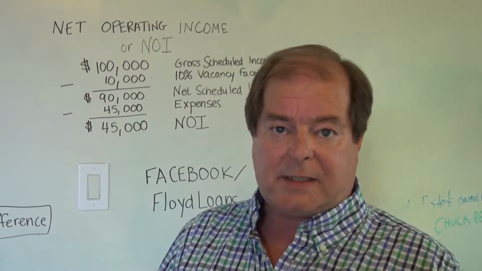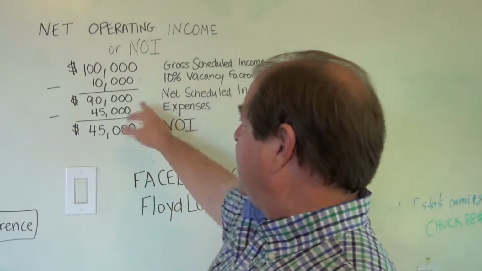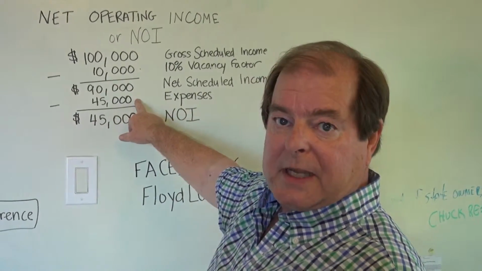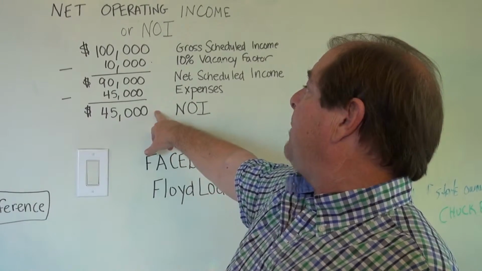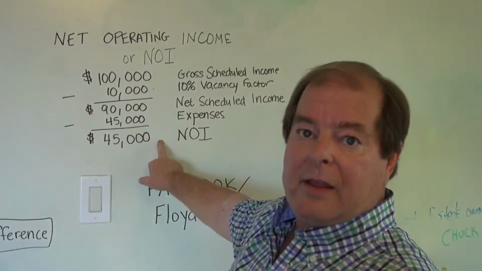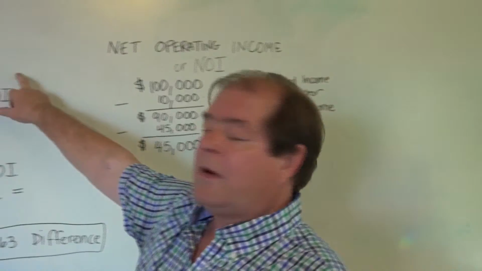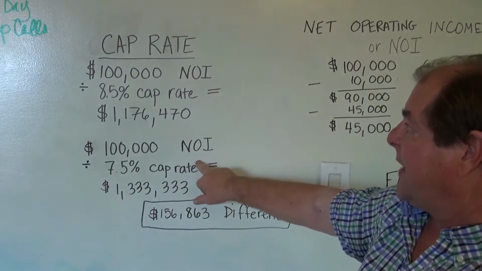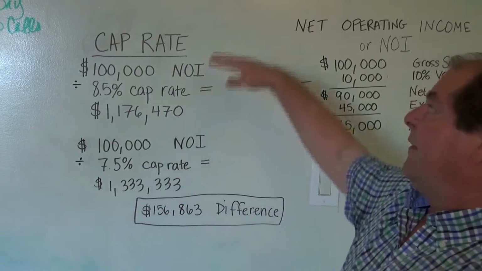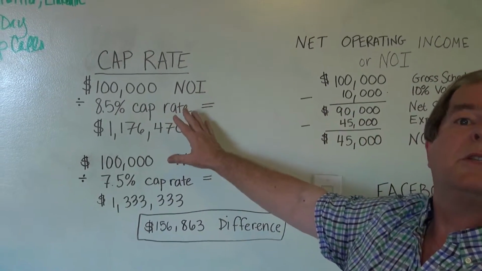All kinds of expenses that come up. So we're going to subtract those out of our net scheduled income that's coming in, which gives you an NOI, or a net operating income. Now that we got that, we can actually come over and figure out what the cap rate is. And again, if you want the 8.5% or the 7.5% or 3.5% or 15%, just plug those numbers in.